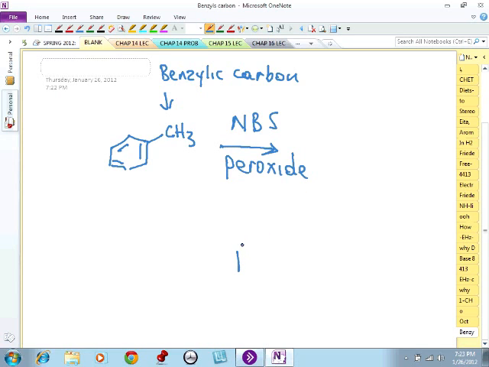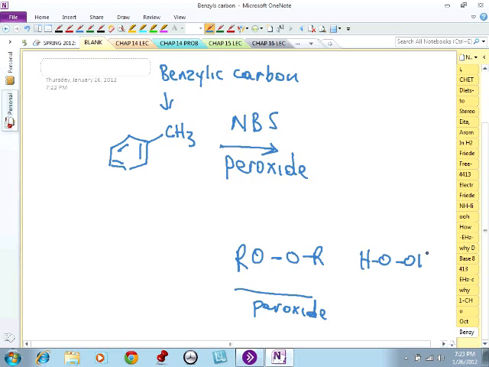A peroxide is any species in which you have two oxygen atoms attached to each other, and each one of them is attached to a carbon atom. That is a peroxide. Or sometimes, instead of the oxygen being attached to a carbon atom, it could be attached to hydrogen, for example hydrogen peroxide.